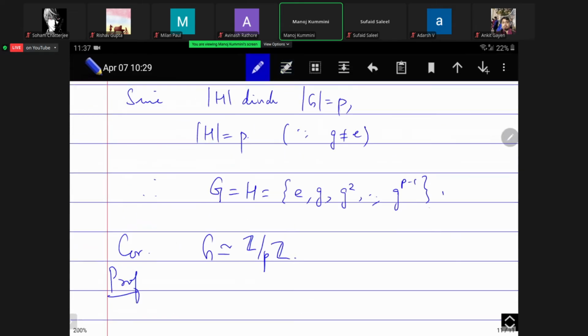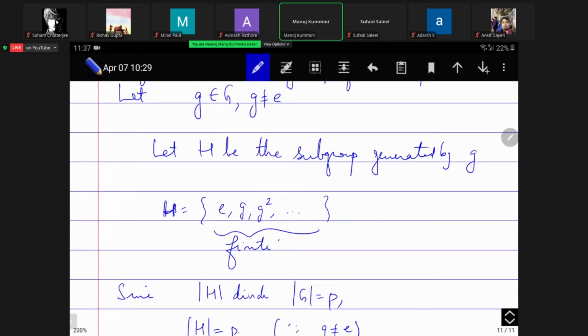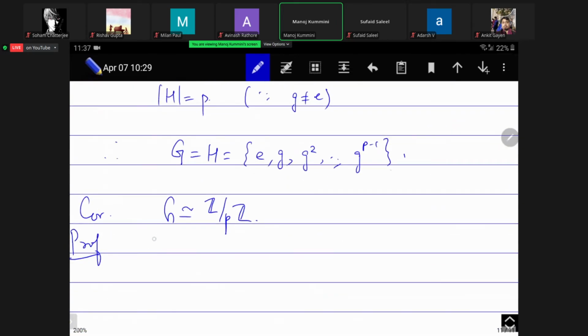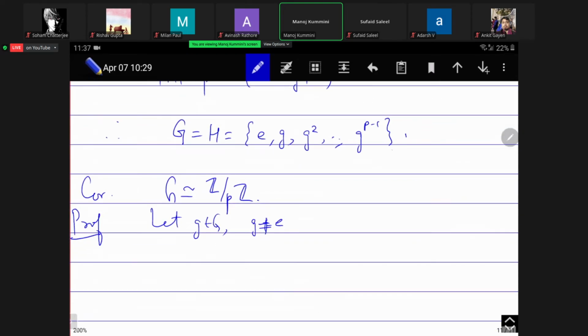Remember, we didn't actually care what this little g is. We only care that it is not equal to the identity element. So let g be inside G and g not equal to e. Let phi from Z to G be the group homomorphism which sends 1 to g.